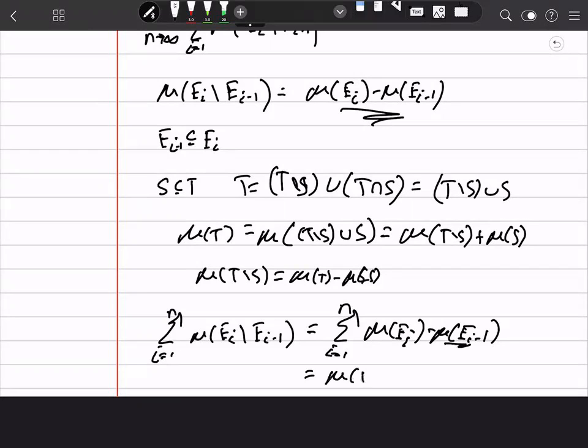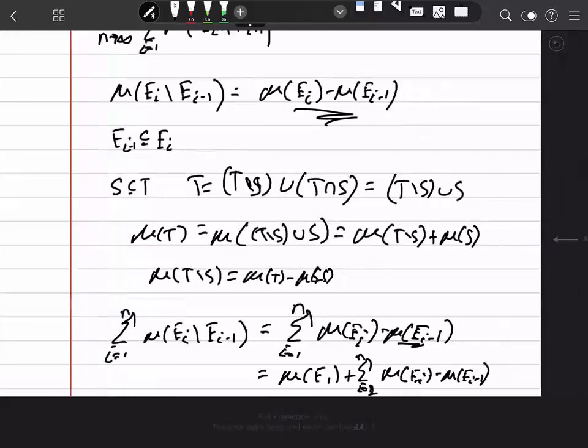So we just get mu of E1 plus the sum from I equals 2 to n of mu of E sub I minus mu of E sub I minus 1, right?